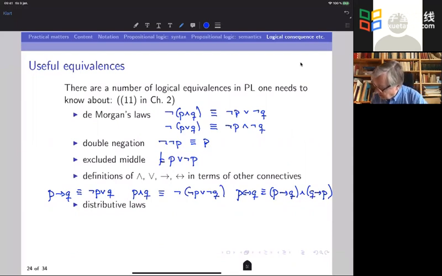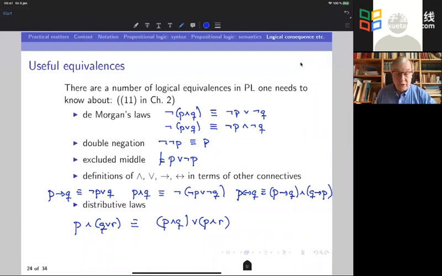So suppose you have P and Q or R. Well, that's equivalent to P and Q or P and R. And similarly, if you switch conjunction and disjunction, that's also very useful to have. So you should be familiar with all of these logical equivalences.